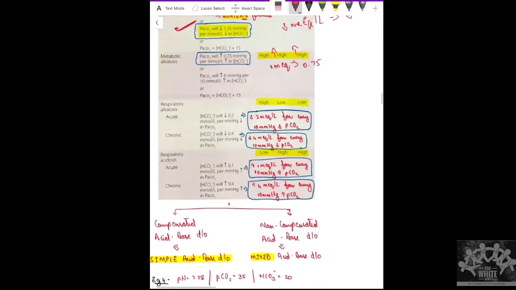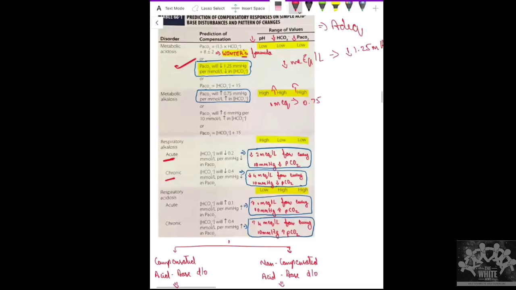Similarly, in respiratory alkalosis, depending on whether it is acute or chronic, what happens? PCO2 will decrease. This is the primary process. If PCO2 decreases, HCO3 minus also decreases. So for every 10 mmHg decrease in PCO2, HCO3 minus should decrease by 2 if it is acute, or by 4 if it is chronic.